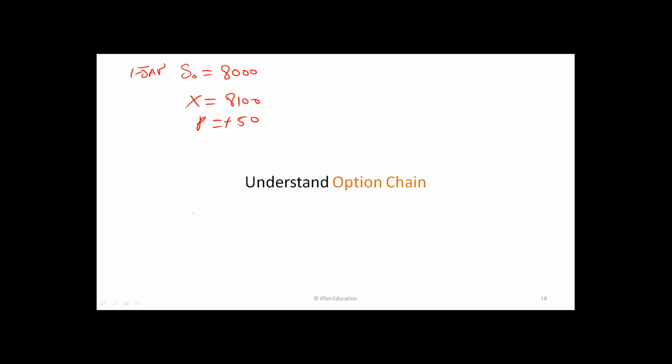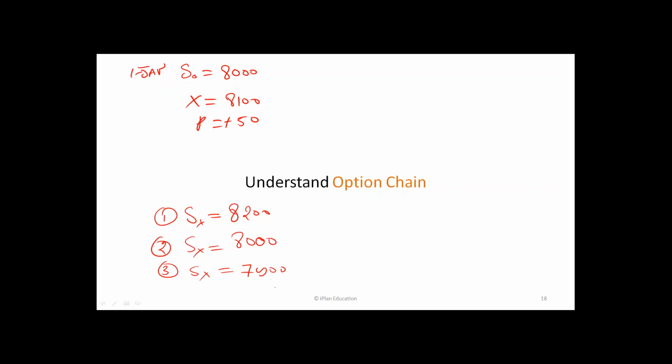So I have a question. What if on the date of expiry, spot goes to 8,200? What will be your profit? Condition 2, if the spot goes to 8,000, what will be your profit or loss? Or if the spot goes to 7,900, what will be my profit or loss?